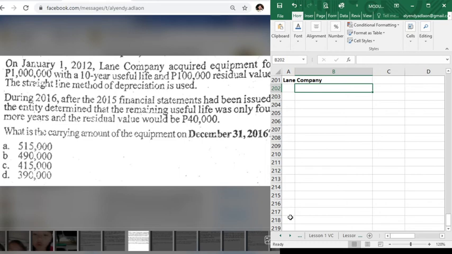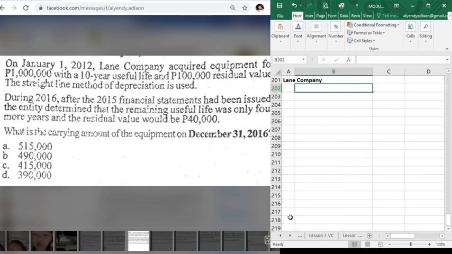The straight line method of depreciation is used. During 2016, after the 2015 financial statements had been issued, the entity determined that the remaining useful life was only 4 more years and the residual value would be 40,000 pesos. What is the carrying amount of the equipment on December 31, 2016?